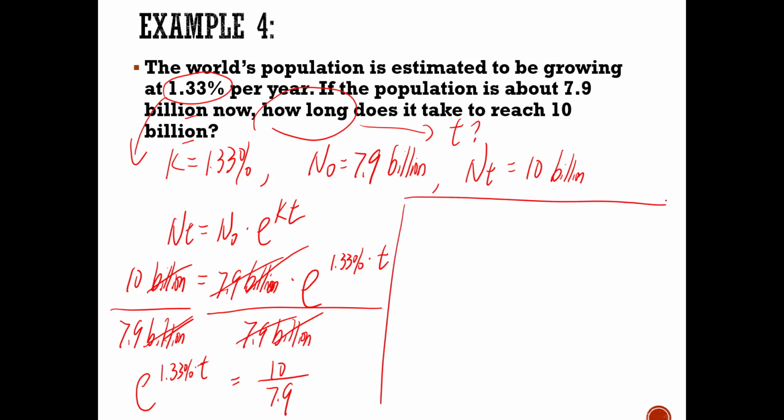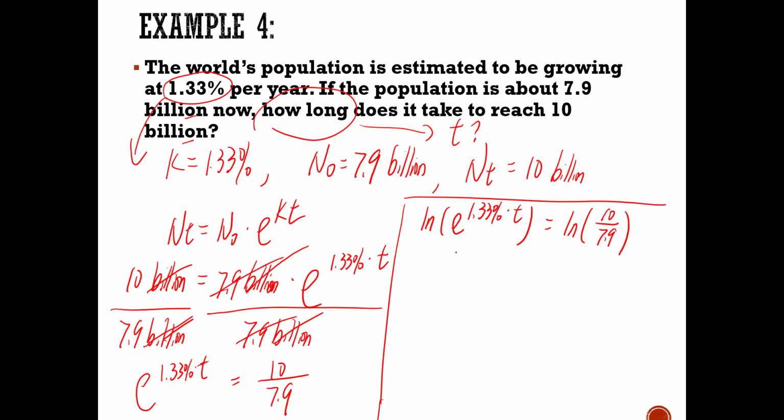Very similar to the previous procedure, we're taking ln from both sides of the equation. Based on the inverse property, logarithm base e and exponential base e offset each other.